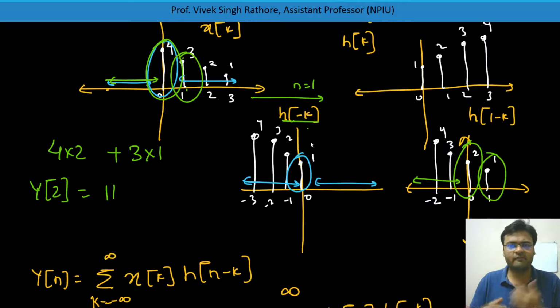Till when can you do it? Up till when this value comes to the last value, when it is multiplied by this value 3, for k = 3. After that, when it crosses that 3 value, there will be nothing to multiply. So whatever value is there, it is multiplied by 0, it will automatically come 0.